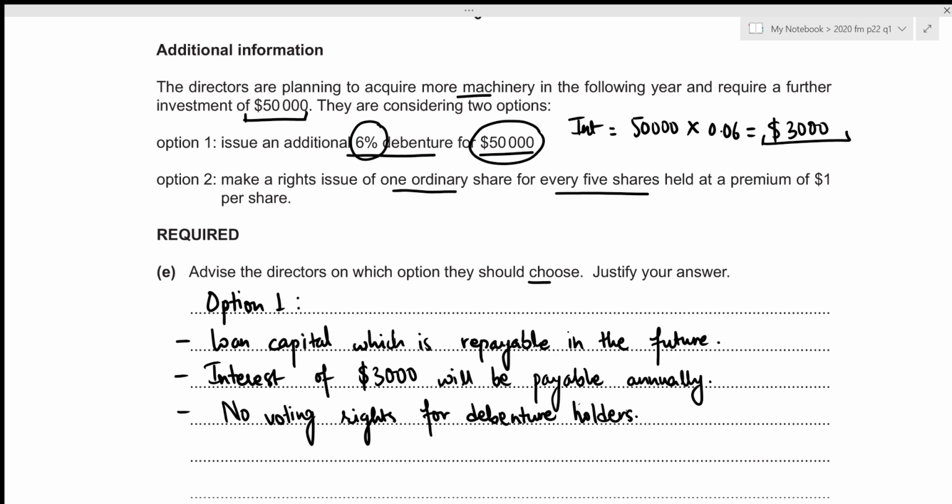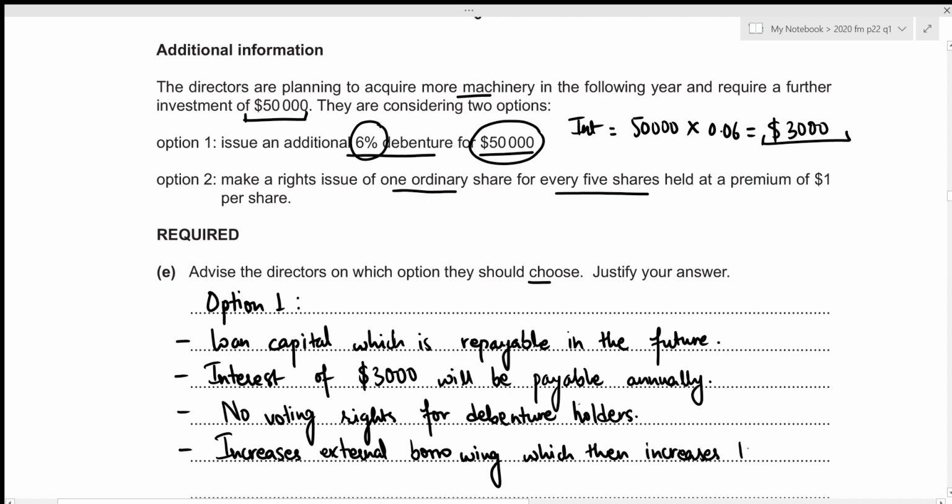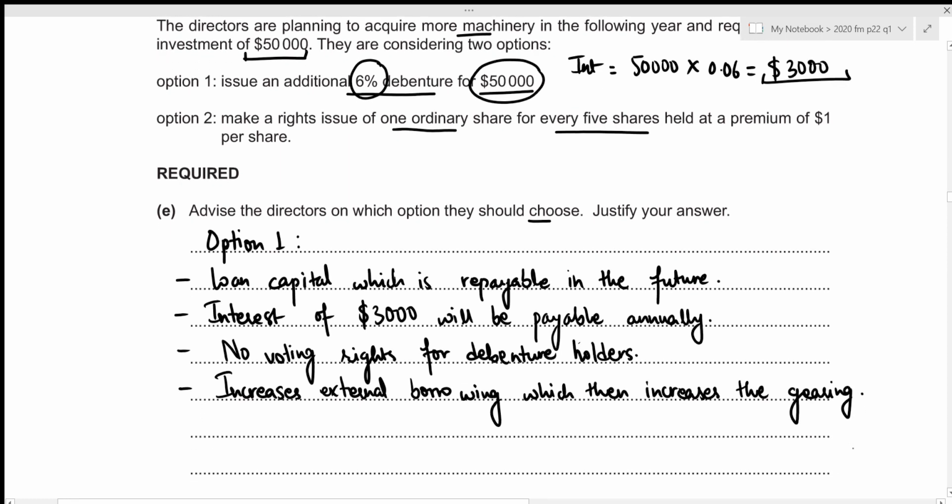And this in turn will increase the gearing ratio of the company, which might not always be a good thing. Let's write it down. Increases external borrowing, which then increases the gearing. And finally, in order to issue these debentures, we require security or collateral. Let's write it down. Security or collateral is required.